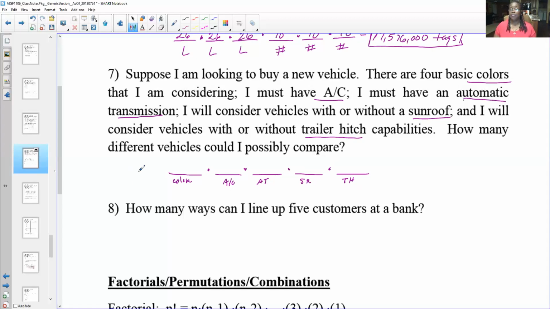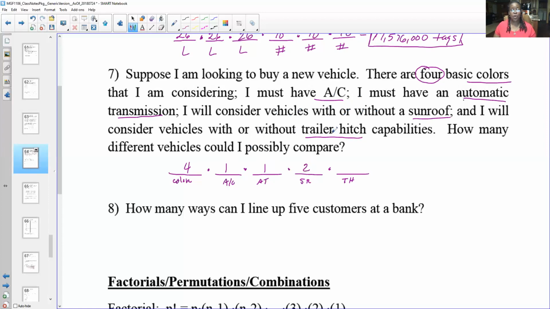So color, they gave us 4 colors to choose from. It must have AC. That means there is no choice. Okay, so you only have 1 option there. Must have automatic transmission. Again, that's only 1 option. And then they said, I will consider with or without a sunroof. That's 2 choices for sunroof.